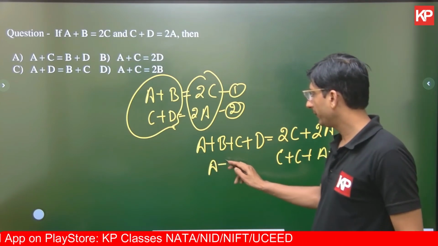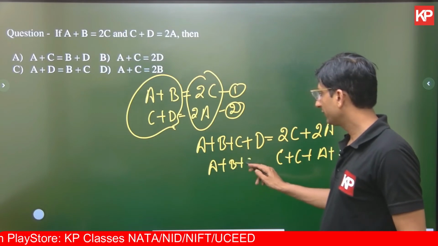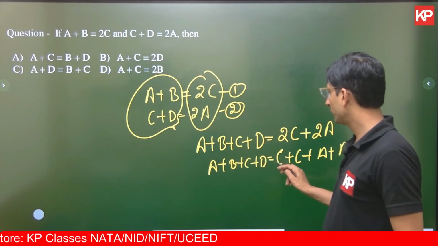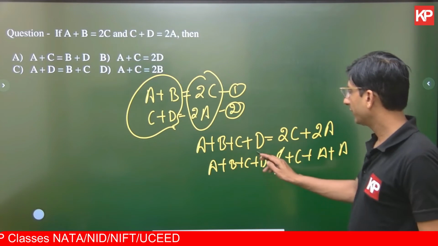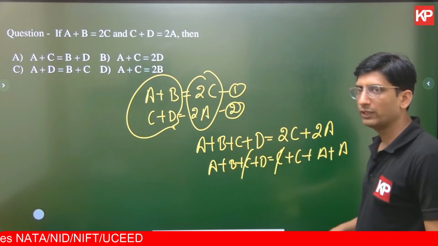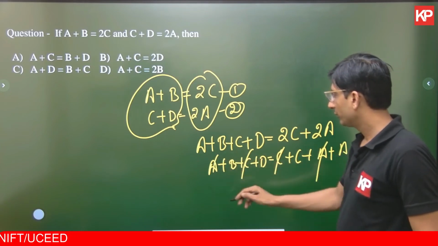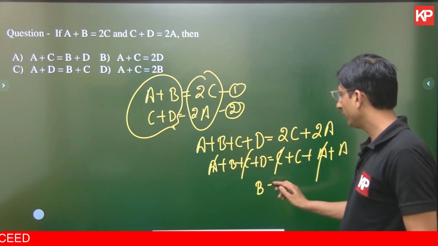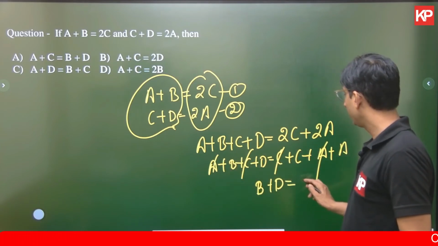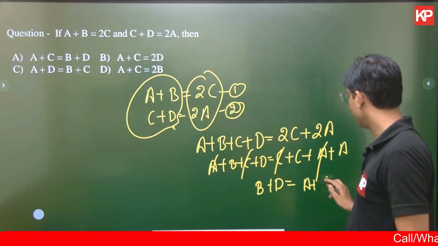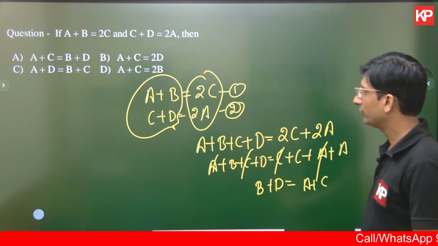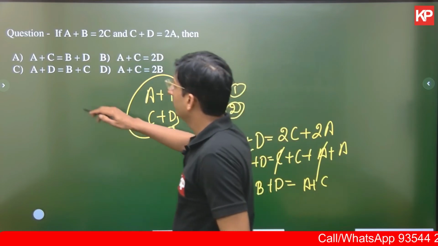Here you have a plus b plus c plus d equals this. So c got cancelled, or you can take c to the other side, plus c minus c cancelled. One a got cancelled. So on the left hand side we now have b plus d, on the right we have a plus c. That means b plus d is equal to a plus c.